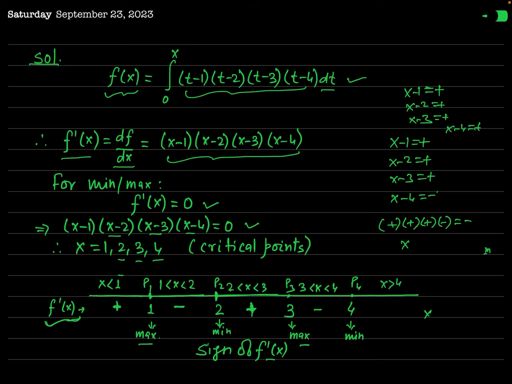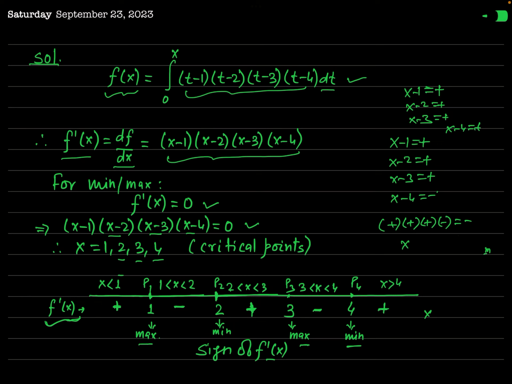So all the 4 factors will be positive. So at this point P4, where x is equal to 4, the sign of f dash of x changes from minus to plus. So this point x equal to 4 corresponds to the minimum value of the function.